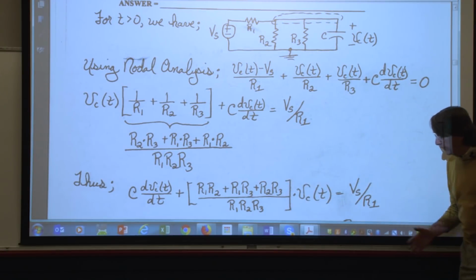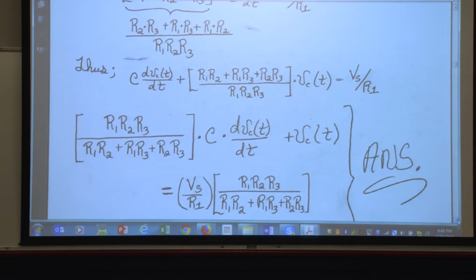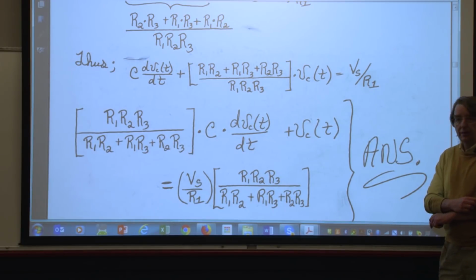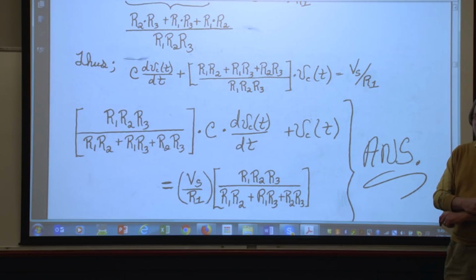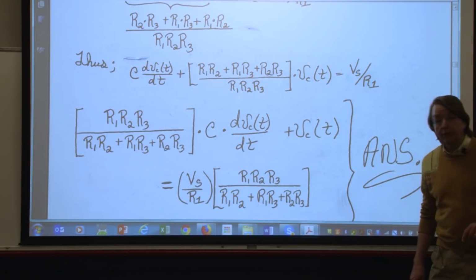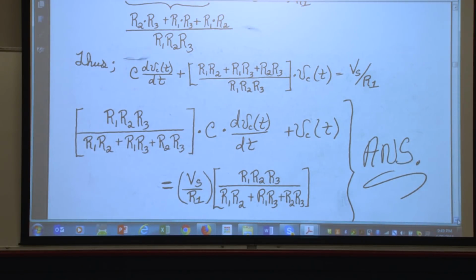I multiply everything by the reciprocal, and that's what I get. It looks messy, but it really isn't. So I look at this and say, great. Now, help me out. How do you know that 1 over R1 plus 1 over R2 plus 1 over R3 equals that?